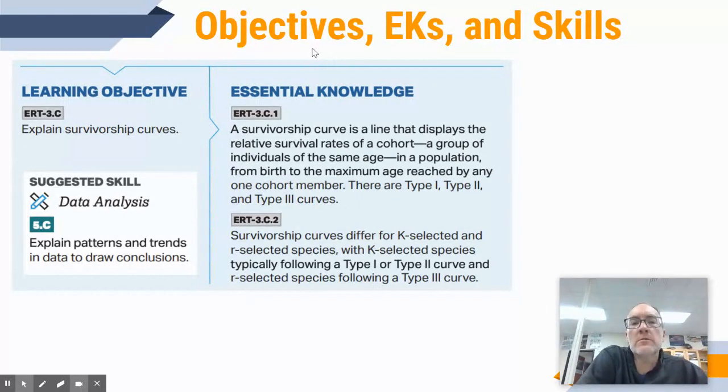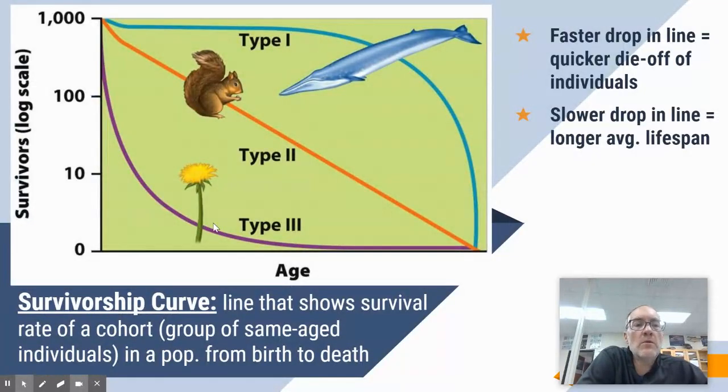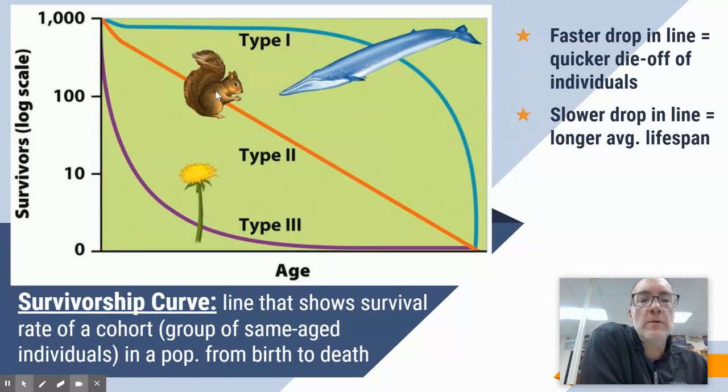We're going to distinguish between 3 types, and they are, of course, different in K-selected and R-selected species, which we talked about earlier. So for survivorship curves, you can see there's 3 examples. And again, it shows survival of a group, a cohort of a species, the same age in a population from birth to death.